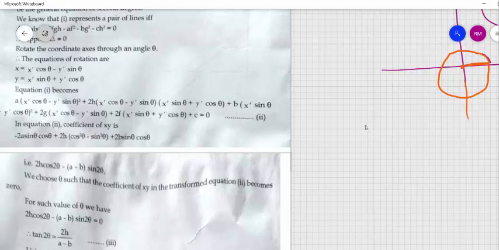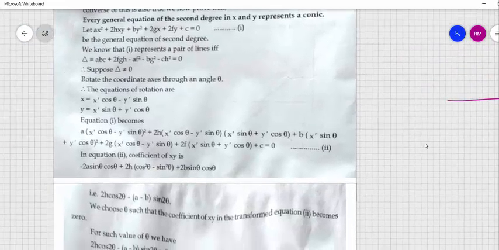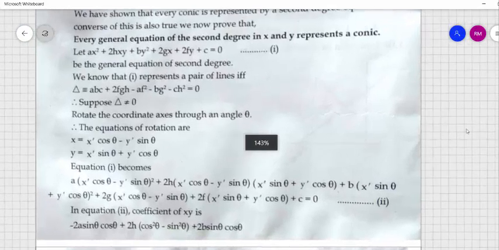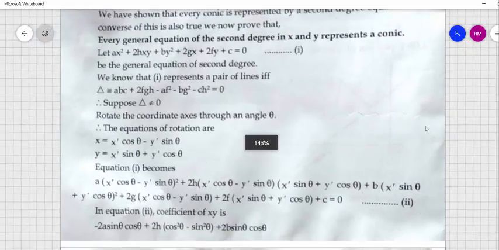So we have to use the shifting of origin to prove that every general equation of the second degree in xy represent conic. So I just use small brief idea of this.